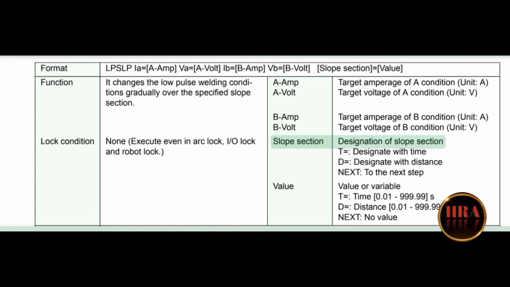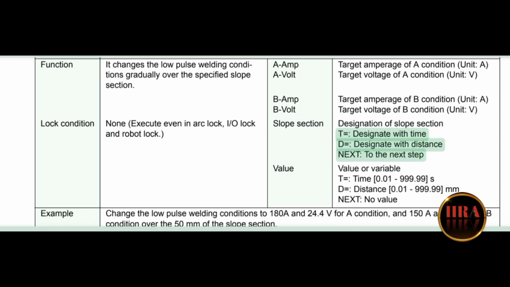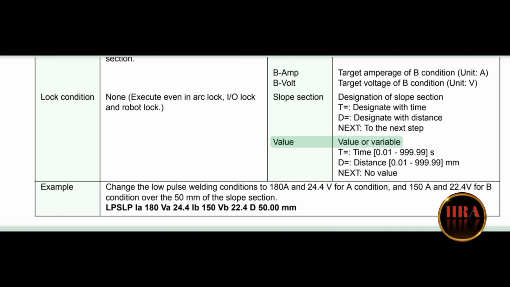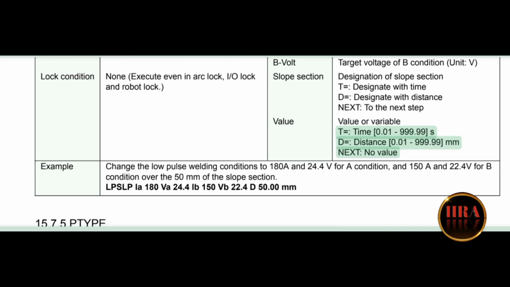Slope section: designation of slope section. T=, designate with time. D=, designate with distance. Next: to the next step. Value or variable. T=time, 0.01-999.99. D=distance, 0.01-999.99. Next, no value.